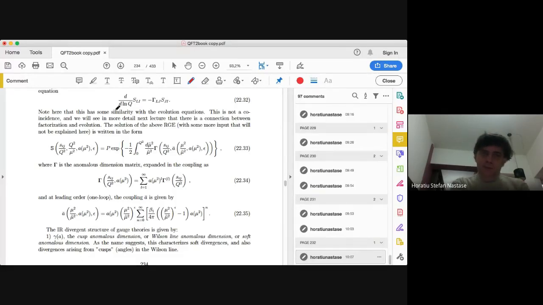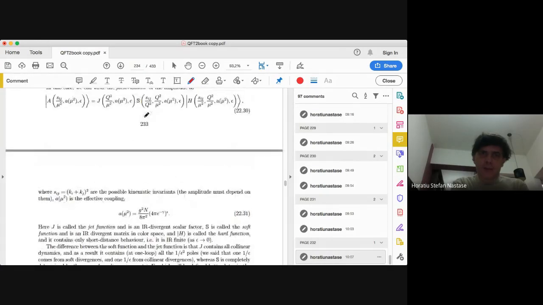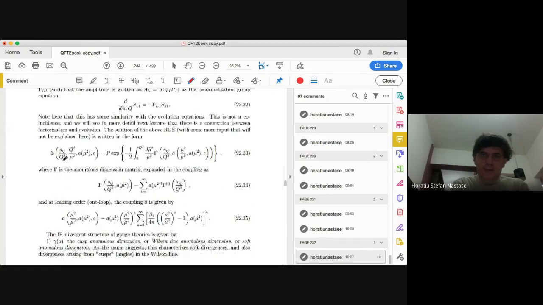So this is some sort of renormalization group equation, and through this factorization dependence, I can write the soft function matrix S as a path-ordered exponential of an integral of the anomalous dimension matrix.